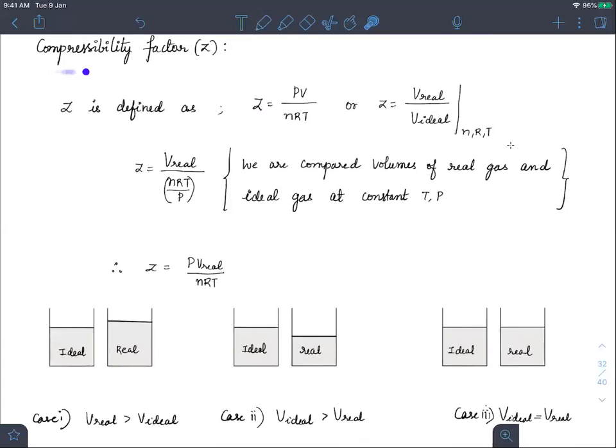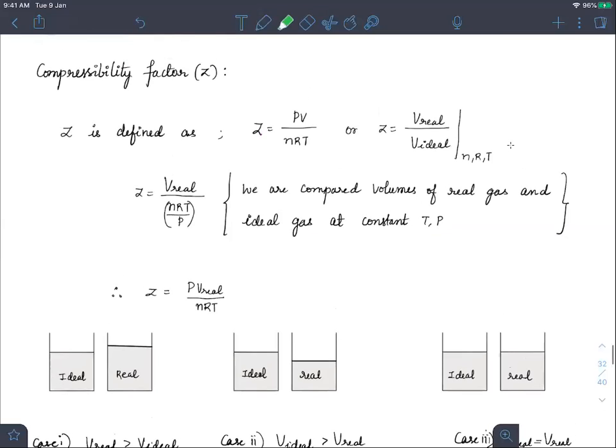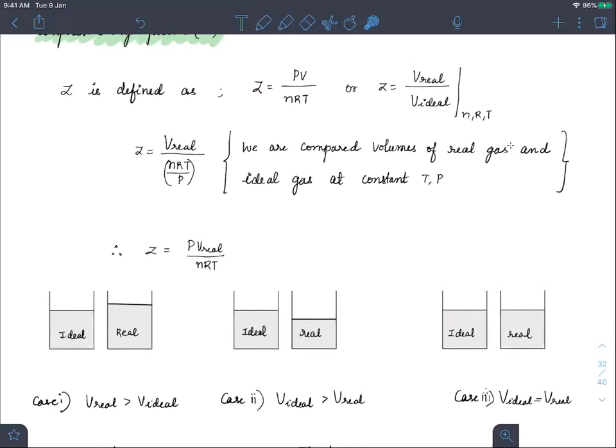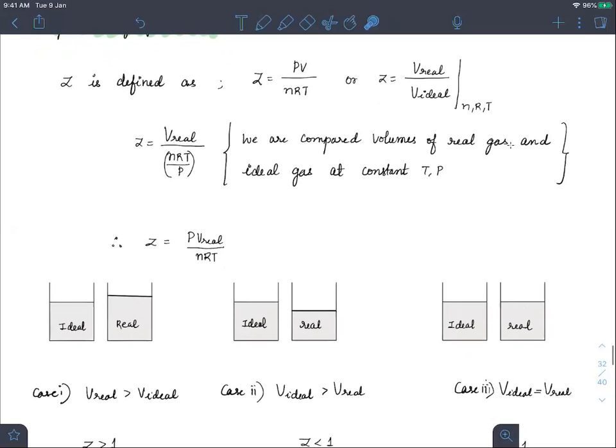Next, compressibility factor questions. One mistake which we commonly make is how to relate that with volume. First of all, let me define it. Compressibility factor Z is defined as PV by nRT.